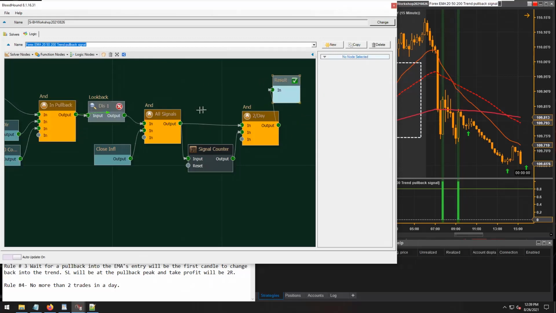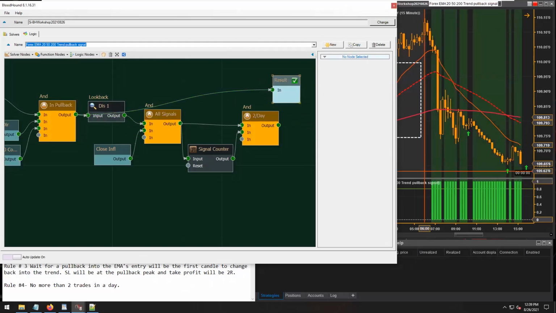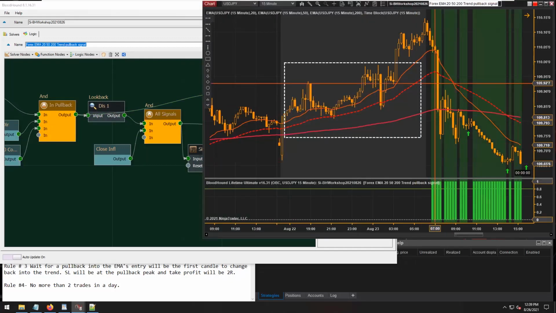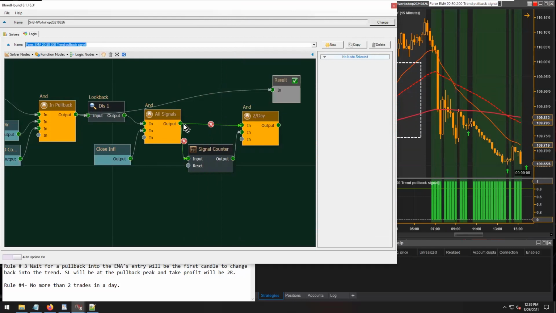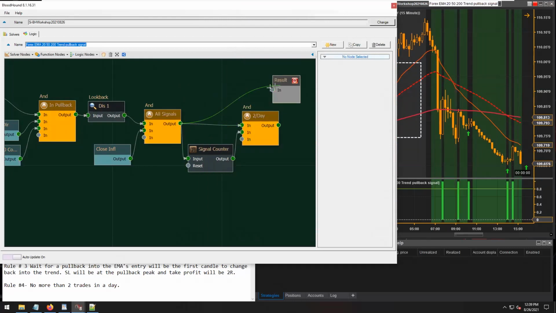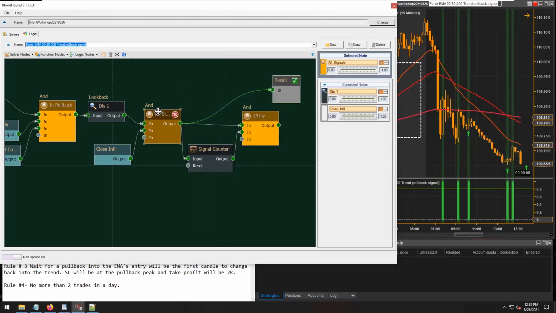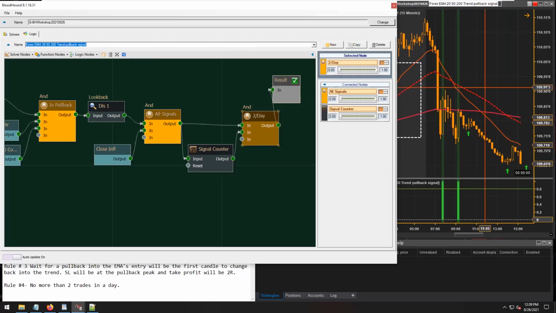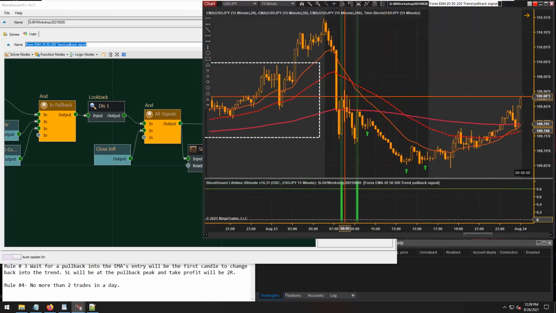So if we connect that into the result node there, we can see all the pullback bars, and then we can see all the signals. So this is actually all the signals, and then this is only 2 per day, or really not 2 per day, but 2 signals per hour, trading period.